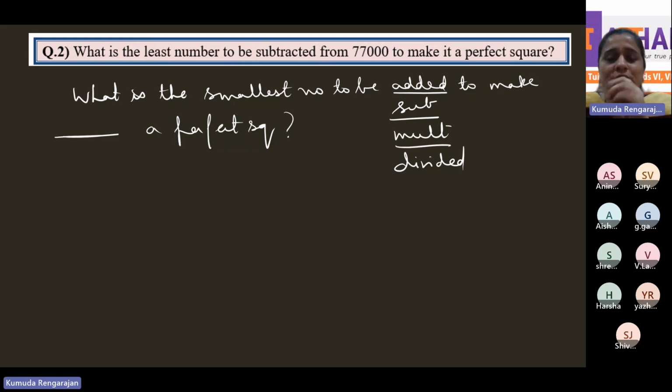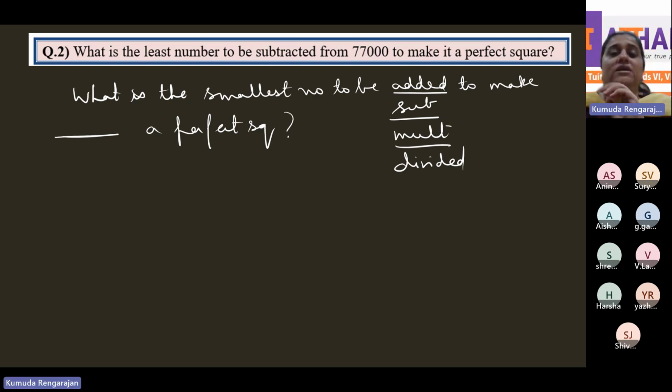Type 1. Type 2, you will be given a number that is not a perfect square. Then what is the question? You have to find the smallest number that is to be subtracted from the given number so that the difference is a perfect square. This is type 2. Type 3, again, you're given a number which is not a perfect square. You need to find the smallest number by which the given number is to be multiplied so that the product is a perfect square.